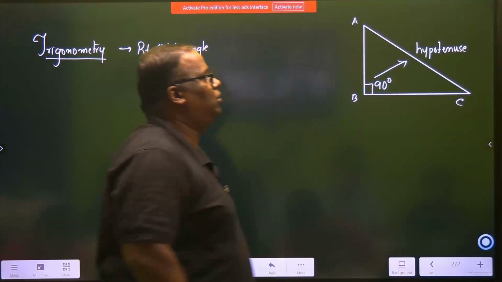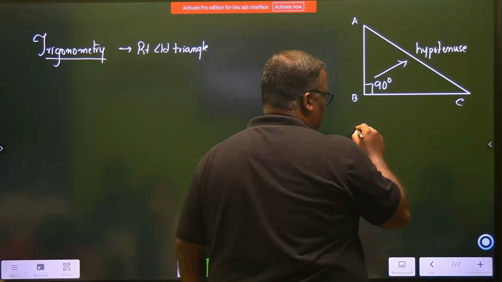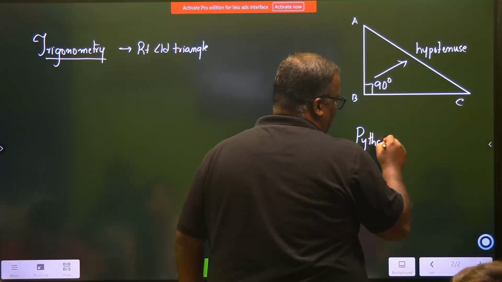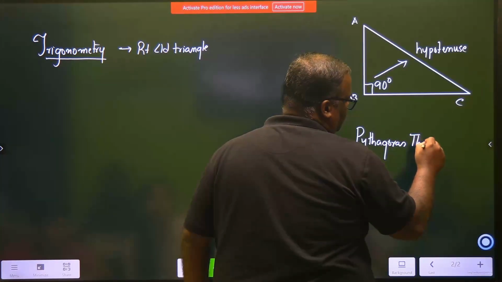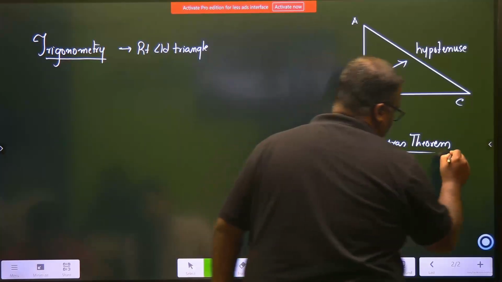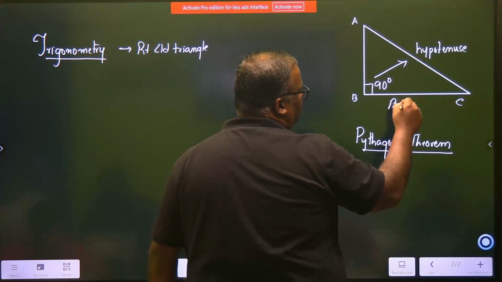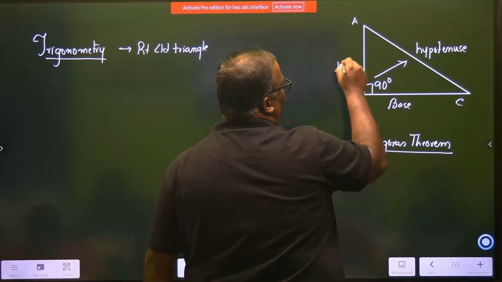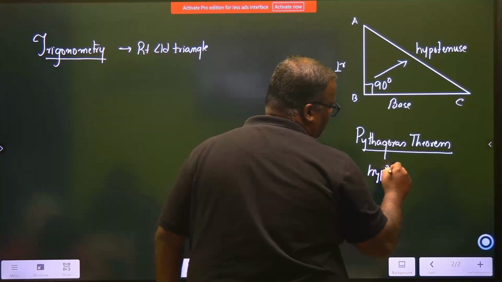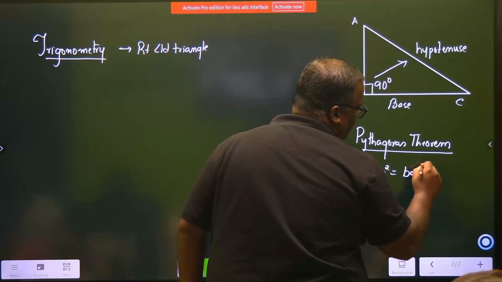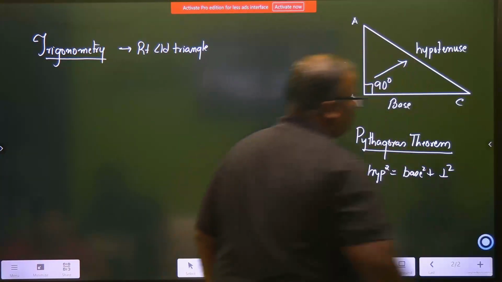Since this is a right angle triangle, it agrees with my great grandfather Pythagoras, and the Pythagoras theorem is applicable. It says that if you can classify one side as the base and the other as the perpendicular, then the square of the hypotenuse is equal to the square of the base added with the square of the perpendicular. I hope this much is known to you, right?